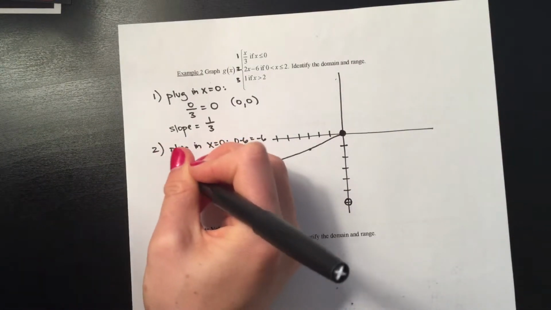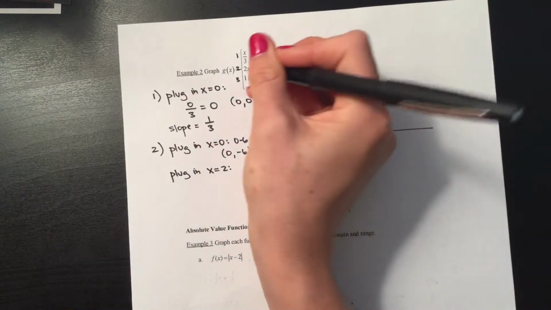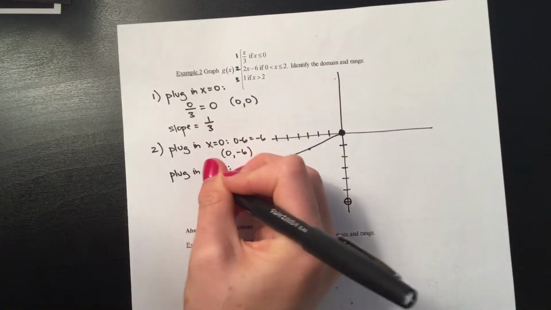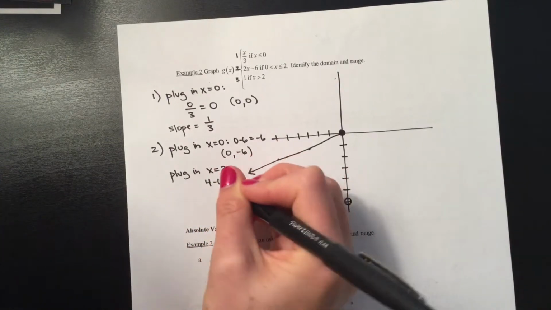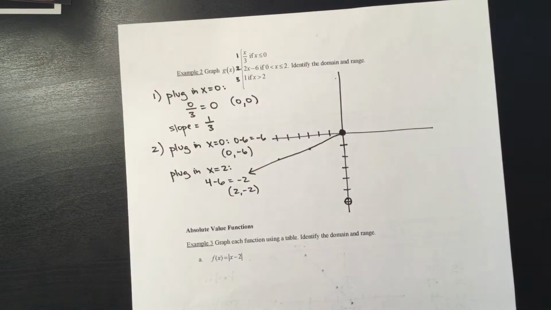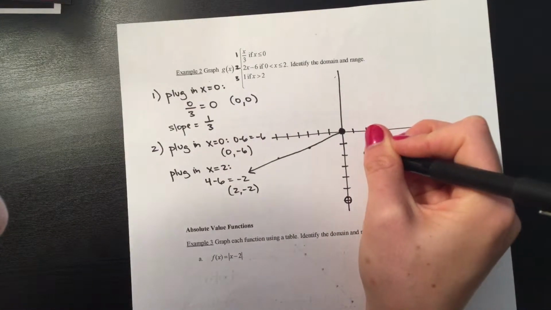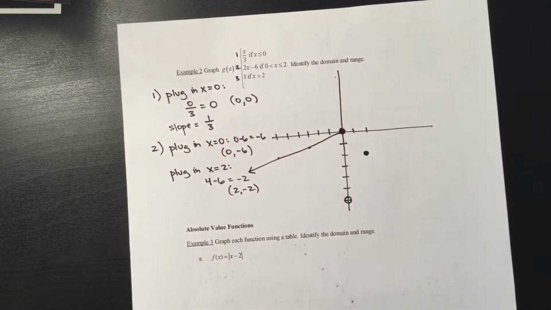And then let's connect it to the 2. Next, we plug in the 2. 2 times 2 is 4, minus 6 is negative 2. So our second ordered pair is 2, negative 2. That is right there, and that's a closed circle because this does have the or equal to.